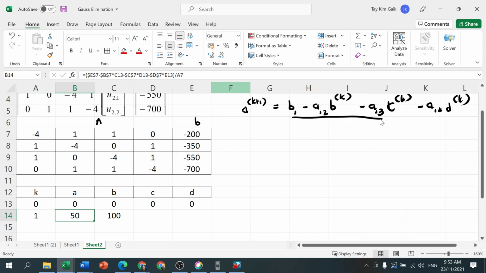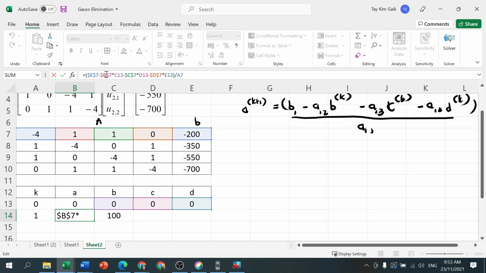Then divide by the coefficient for A11. This is what I key in. So B1, A12, A13, A14, A11 are all constant values, so in Excel you have to make them dollar.